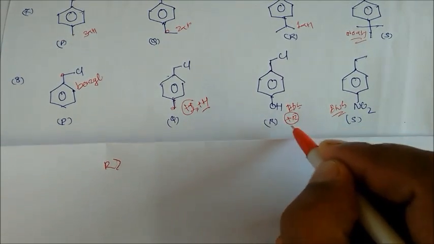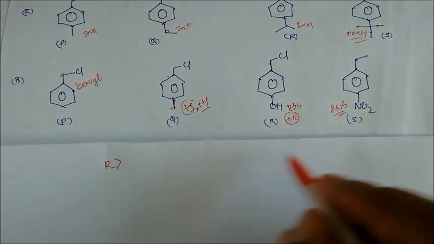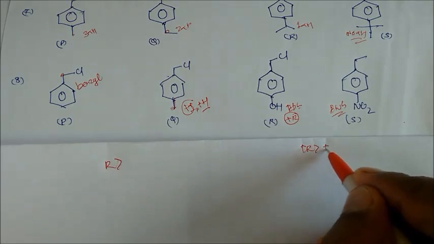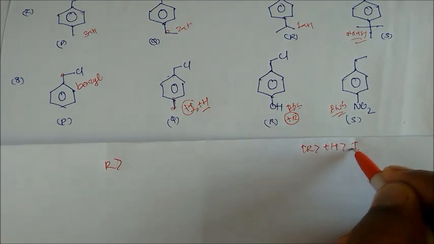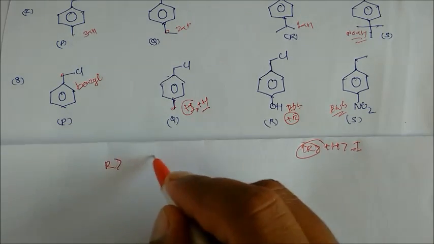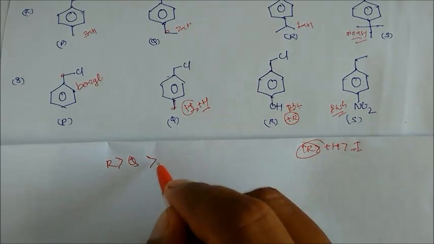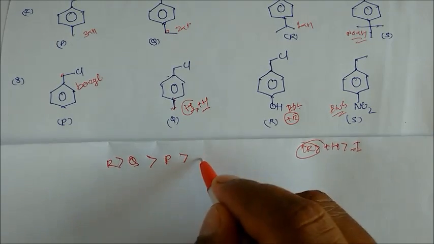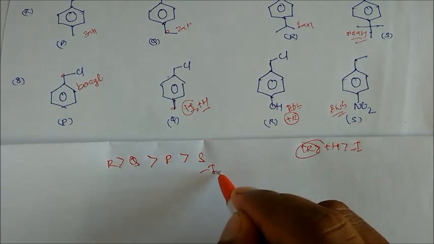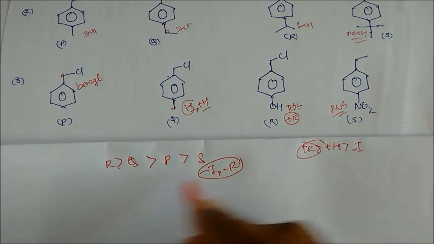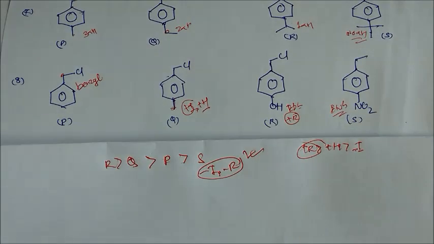The plus R effect is stronger than plus H and plus I. So this will stabilize the carbocation more. Then after that is Q, then after Q is P, then after P is S. So S has minus I and minus R. So this is the reactivity series of SN1 reaction.